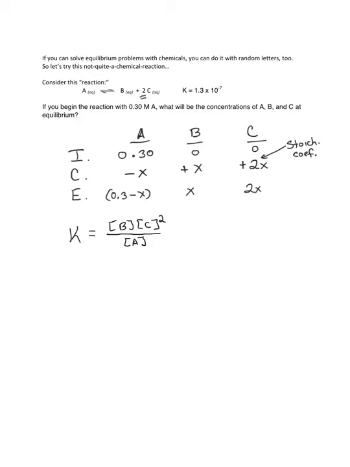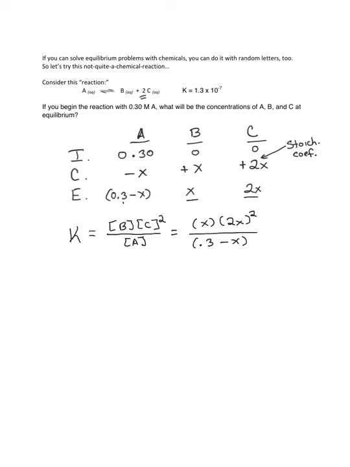Now I plug in my equilibrium expressions. At equilibrium, B is x, so I'll put in x for B. At equilibrium, C is 2x, so I'll put in 2x for C. And remember, this is squared because it's all raised to their stoichiometric coefficients. And we're going to put this over the concentration of A, which is 0.3 minus x.